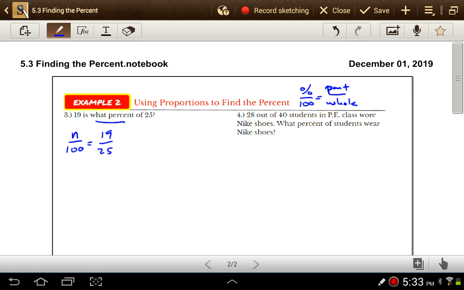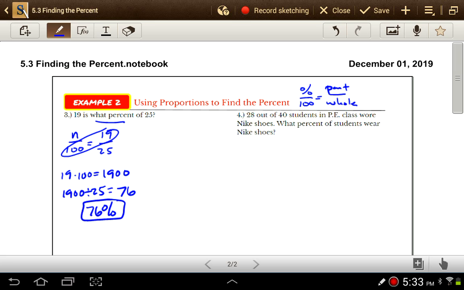In order to solve this, I multiply 19 times 100, which is 1900. Then I divide by 25. 1900 divided by 25 is going to be 76. This is asking for what percent, so my answer would be 76%. Don't forget that percent sign on percent problems.